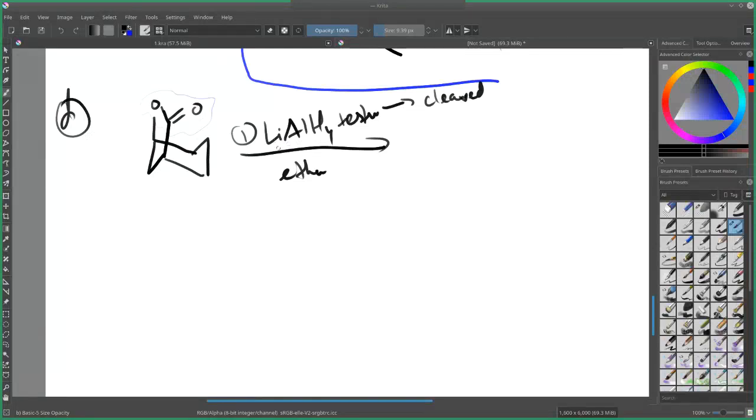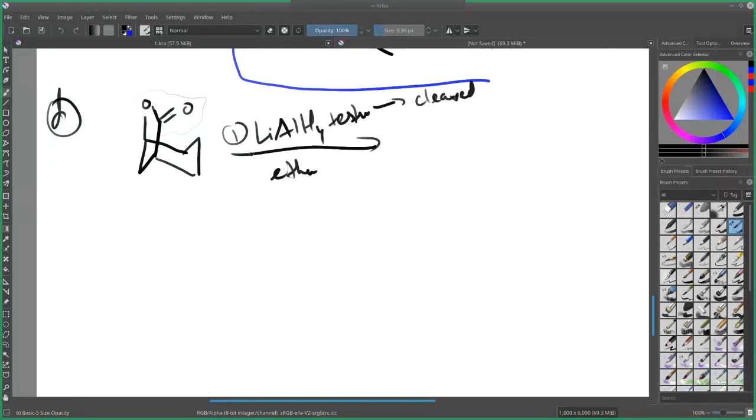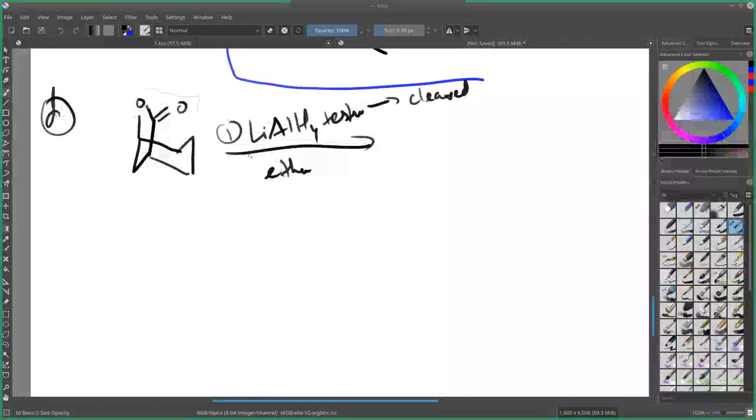And more than that, we're going to reduce the ester into some alcohols. Okay, so what I'll draw is that we cleave the ester at this location, and then we reduce it.